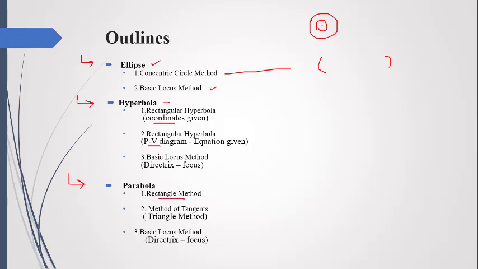Here we will construct a parabola by the rectangle method, the second method of tangents, and the third one will be the basic locus directrix method, that is, directrix and focus. Here we can see the basic locus method for ellipse, for hyperbola, and for parabola. This method is common for all of these shapes or conic sections. So coming towards ellipse, what is an ellipse, how it can be constructed, and what are the methods by which it can be constructed.